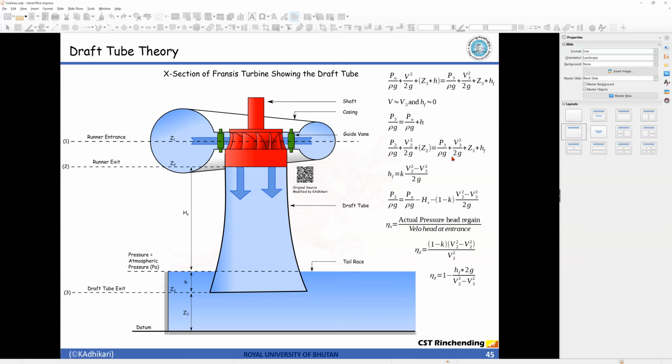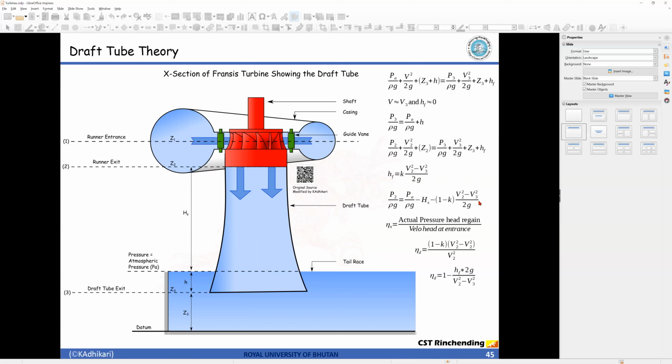All right, further we can substitute E3 by rho g, or the pressure head at level 3, to be atmospheric head plus the h, right? We can substitute it here, and we can substitute HF is equal to this much, and we get pressure at 2 is equal to atmospheric pressure head minus this parameter.